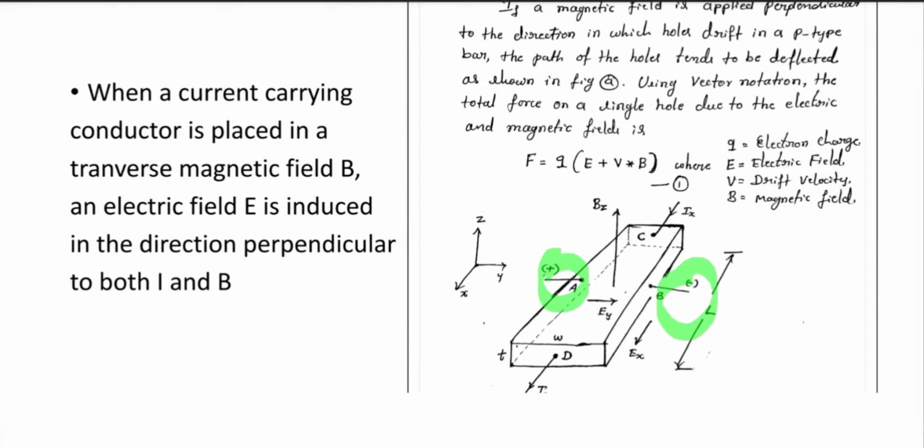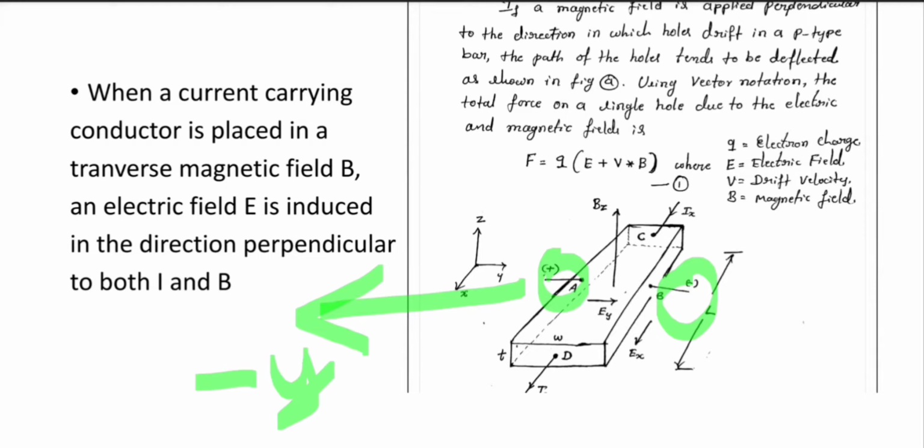That means there is a potential difference between A and B, which induces an electric field in the minus y direction. This formation of electric field across A and B is known as the Hall effect, and the difference of voltage produced is known as Hall voltage.